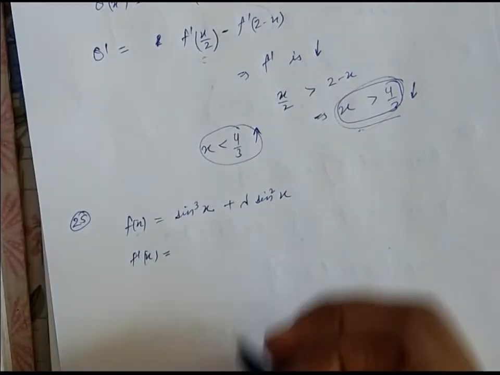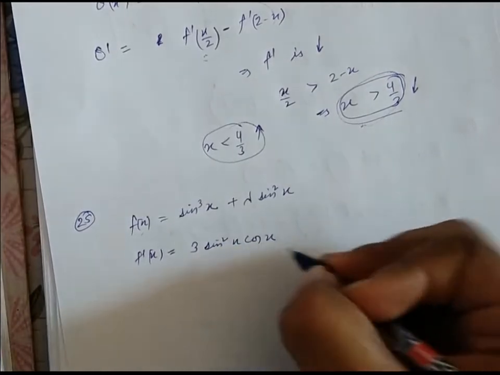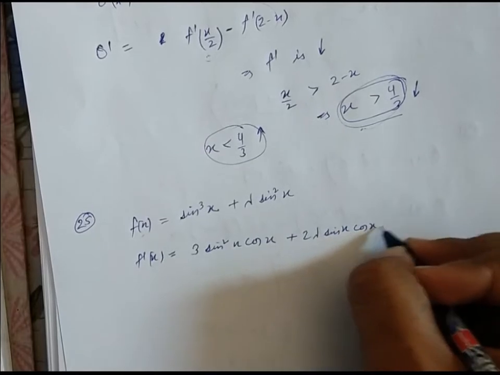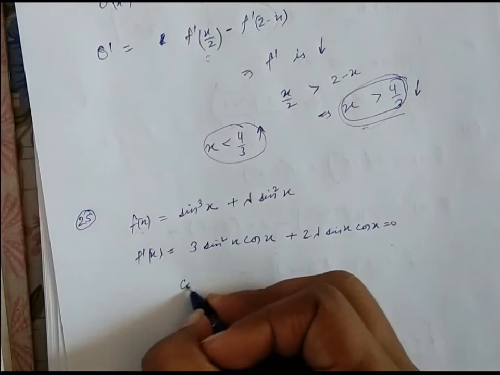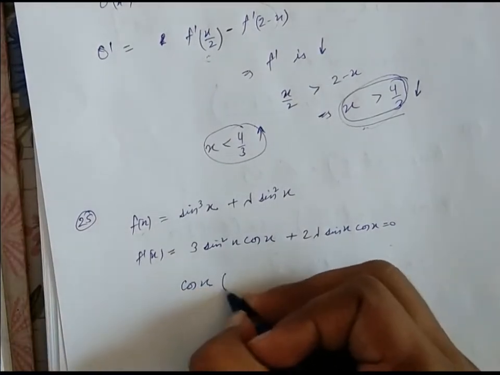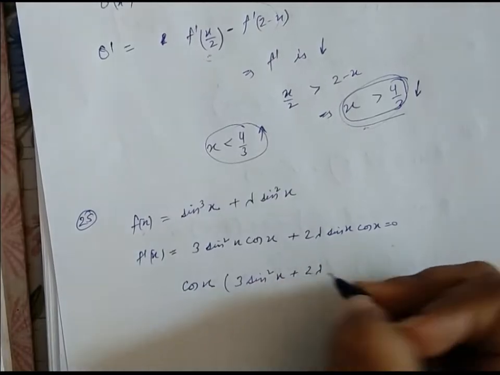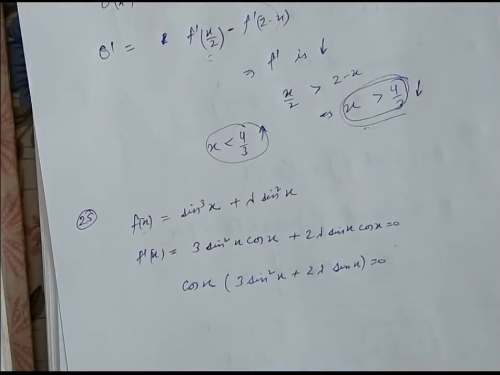f dash is equal to 3 sine square x cos x plus 2 lambda sin x cos x, equal to 0. Okay. So since x belongs to minus pi by 2 to pi by 2, cos x cannot be equal to 0.